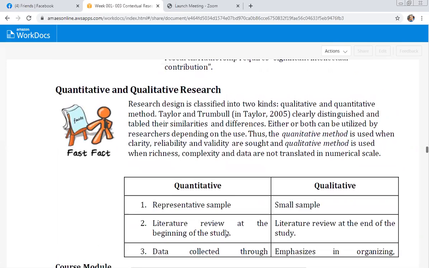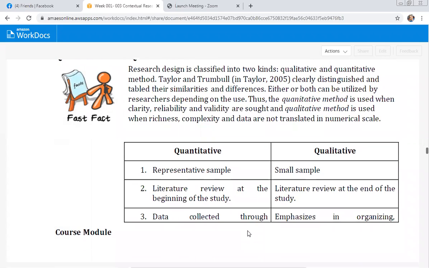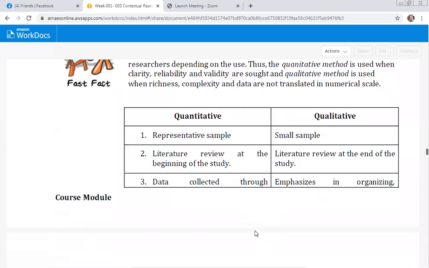Okay, so today we will discuss the difference between quantitative and qualitative research. There are two major subdivisions of practical research, which is divided into quantitative and qualitative form. So these are the common characteristics of a quantitative research and a qualitative research.